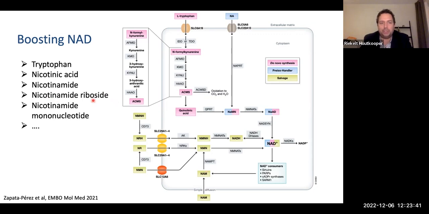Then nicotinamide riboside, which is a more recent addition to this portfolio, and also nicotinamide mononucleotide, which is also relatively recent. Both of these molecules have been studied only for the past 10 years in preclinical models and only for the last, let's say, 5 years in clinical models. We know that each of these molecules, nicotinamide riboside, NMN, and several of the others, in a few steps will be converted to NAD and elevate the NAD levels intracellularly.